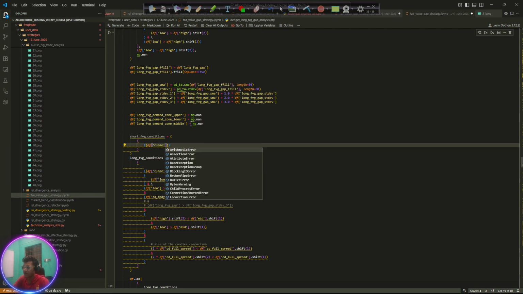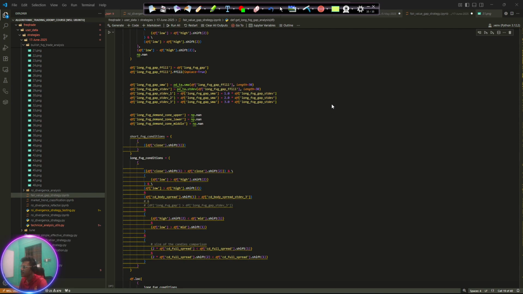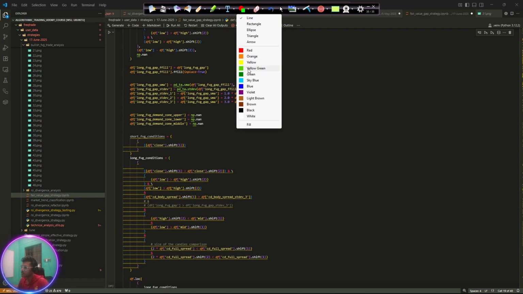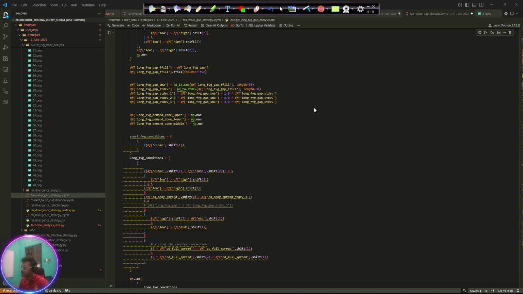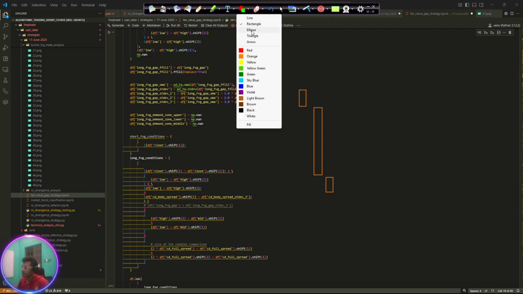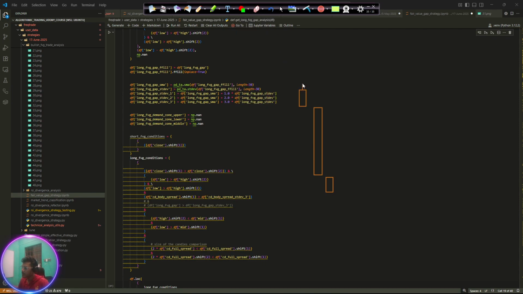So close shift one. Imagine this. Okay, I'm gonna plot it. A rectangle, this candle over here, this candle over here, and line this, this, this, this.